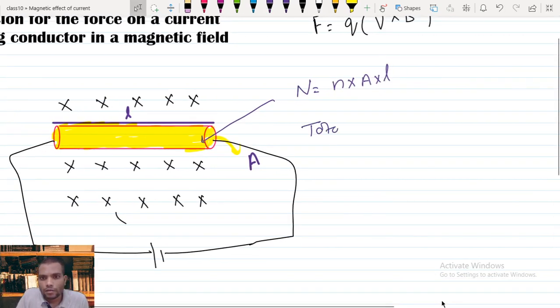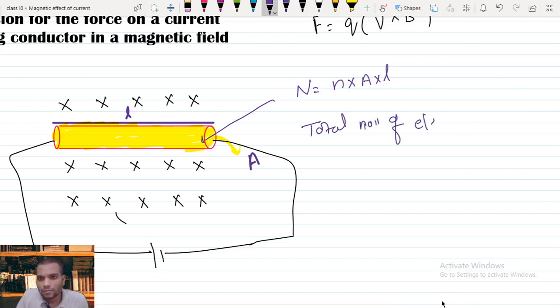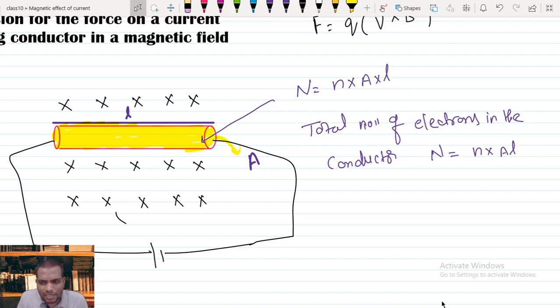So capital N equals the total number of electrons in the conductor, which is small n times area and length, because multiplying them gives us the volume. Here little n is the number of free electrons per unit volume.